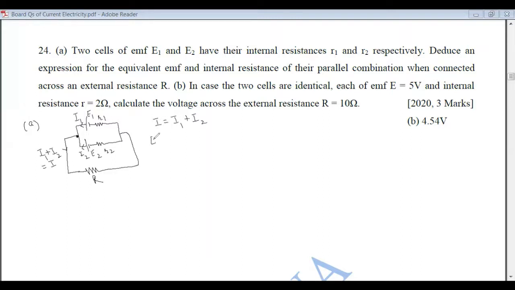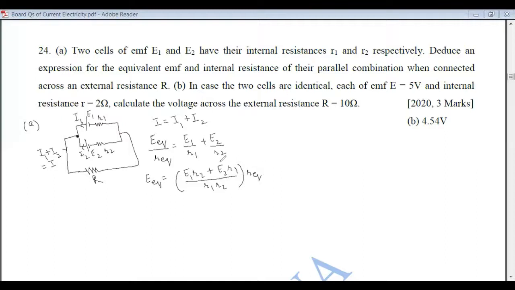So I is equal to E equivalent upon the equivalent of internal resistances, where I1 is equal to E1 upon R1 and I2 is equal to E2 upon R2. In order to get this E equivalent, let's take the LCM over here: E1 into R2 plus E2 into R1 upon R1 into R2, multiplied by R equivalent.